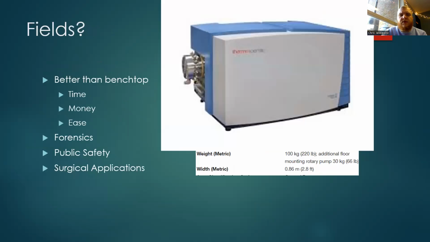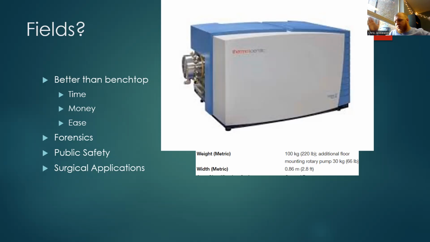Let's talk about some of these fields. So in the fields, I also included kind of what is the purpose here. Better than benchtop. That's really the mainstay statement here. It's better than our benchtop. I included a picture of a typical benchtop machine, but what really stuck out to me was look at this weight and the width here.